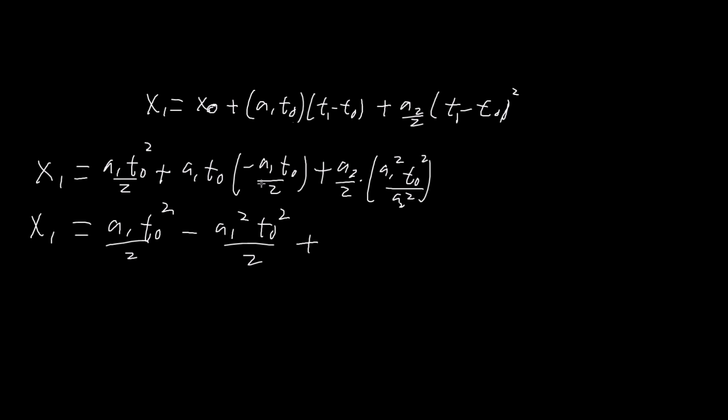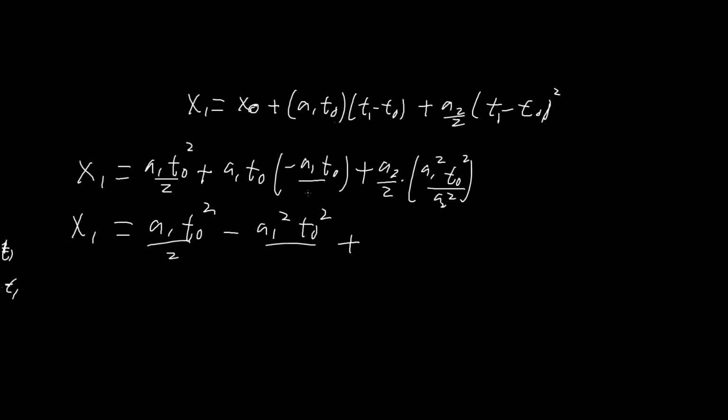Yeah, I did mess up. I think that was supposed to be a2. Okay, so this is going to be a2. So there we go, a1 squared t naught squared over a2. Okay, this is right. So this would be a1 squared t naught squared over 2 a2.